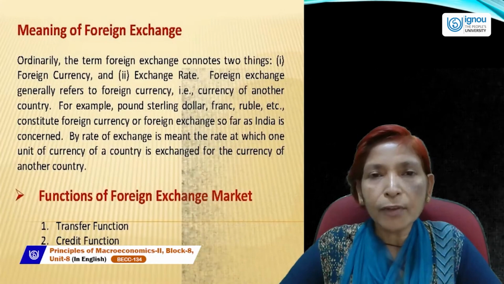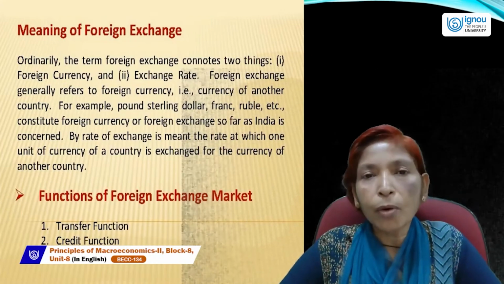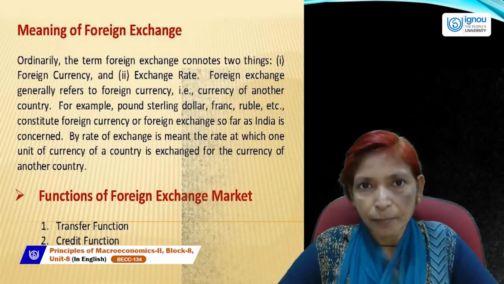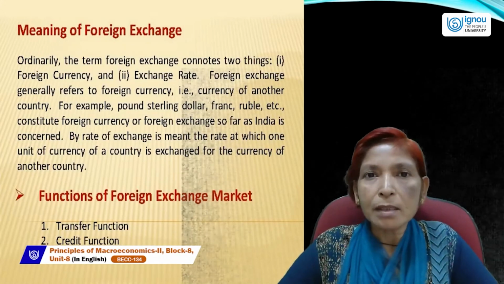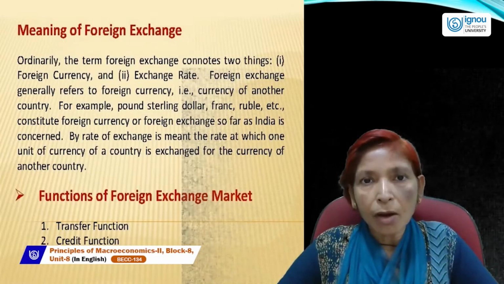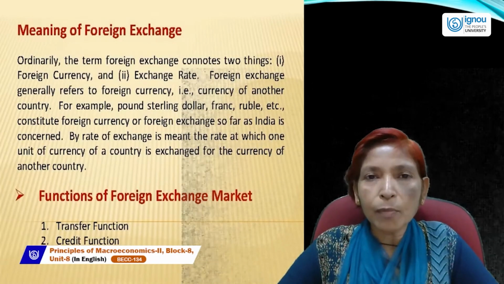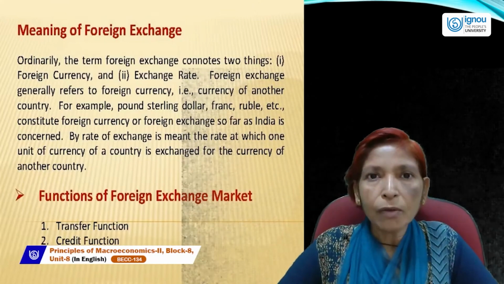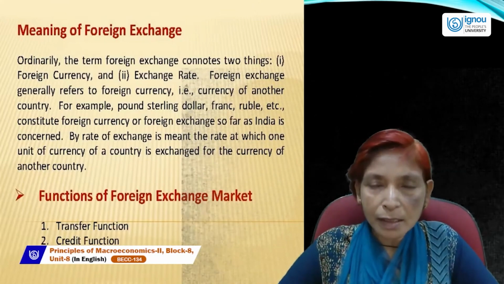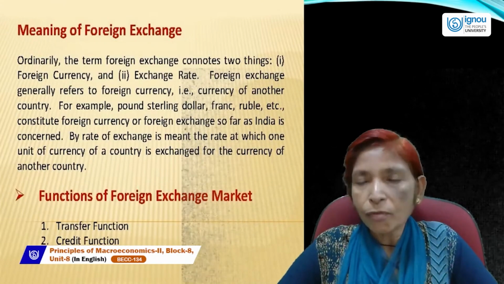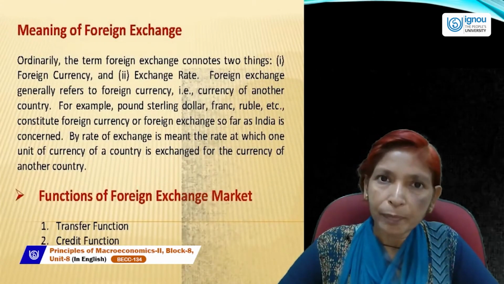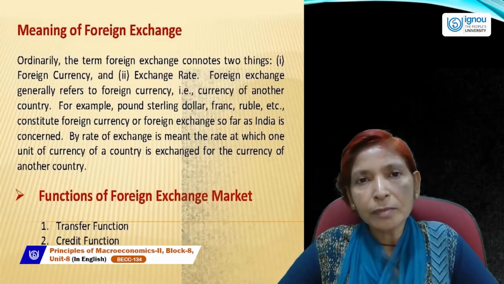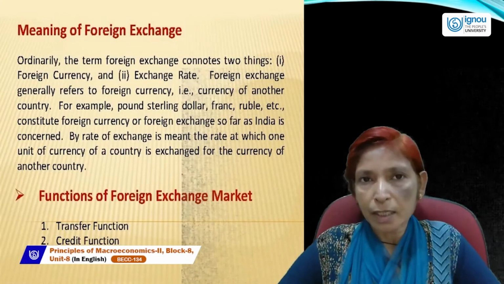Second function is credit function. Credit means if you want to take borrowings or a loan in terms of foreign currency, foreign exchange market gives the opportunity or facility to take borrowings from that market. If any country wants to borrow foreign currencies, then they can contact the foreign exchange market and take that foreign currency from it.